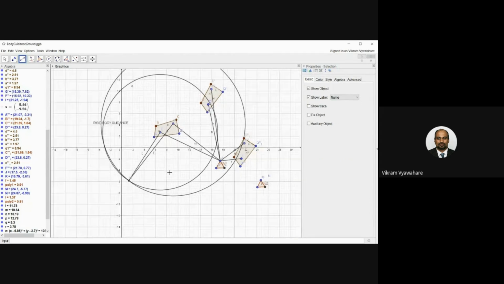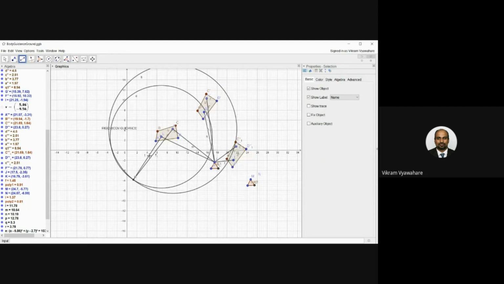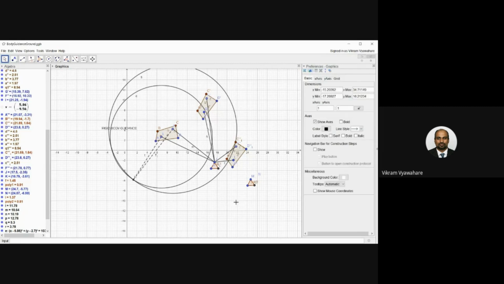Let me make these all dotted, otherwise we will ourselves get confused. The ones that are based on inversion, we'll make them dotted. So everyone understood how I determined this point?